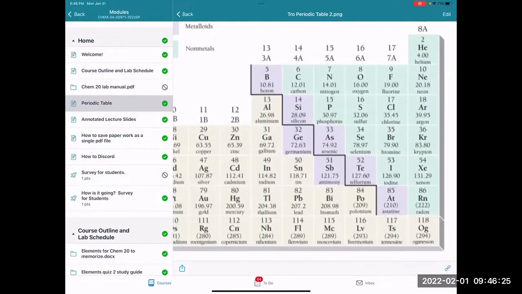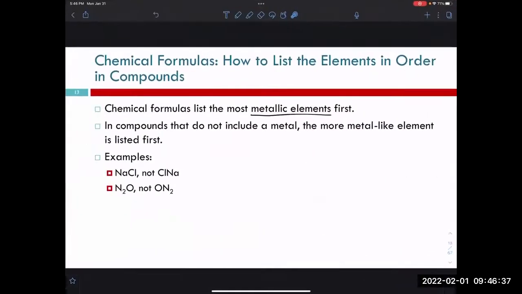Carbon or boron would be most metallic in that row. Metallic qualities increase toward the left. So sodium chloride would not be written chlorine sodium, because Na is on the very left side of the periodic table. So it's more metallic.